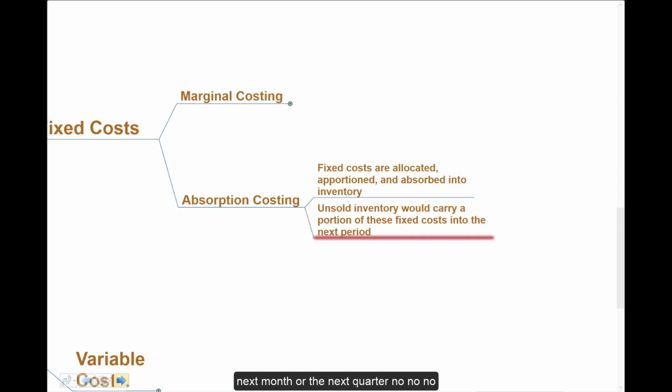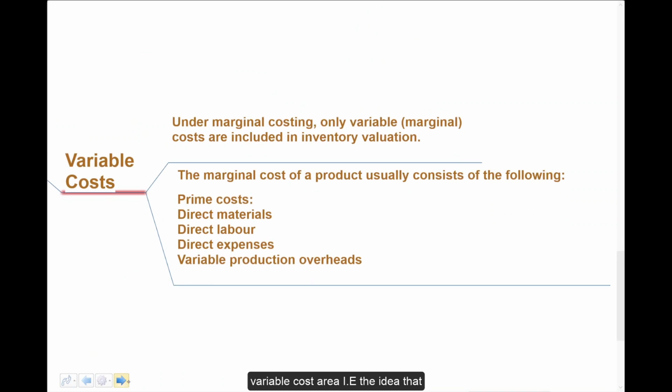No, no, no. So given that, let's move on to the variable cost area, i.e. the idea that only variable costs are relevant. So first things first, clearly only variable or marginal costs are included in inventory valuation, unit by unit. Now, what will that include?